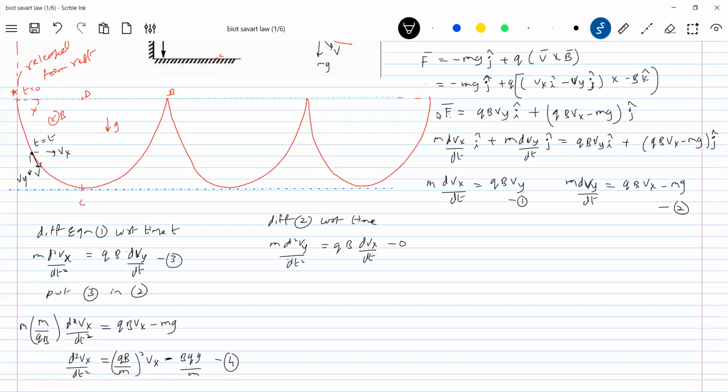Let me take this as equation 5, and put 1 in 5. d square vy by dt square equal to qB dvx by dt, which will be qB by m vy. So this will be a generalized equation, d square vy by dt square equal to (qB/m) whole square into vy.